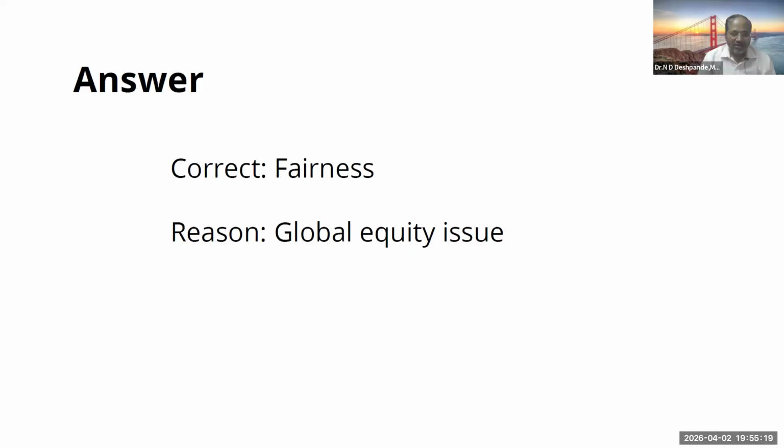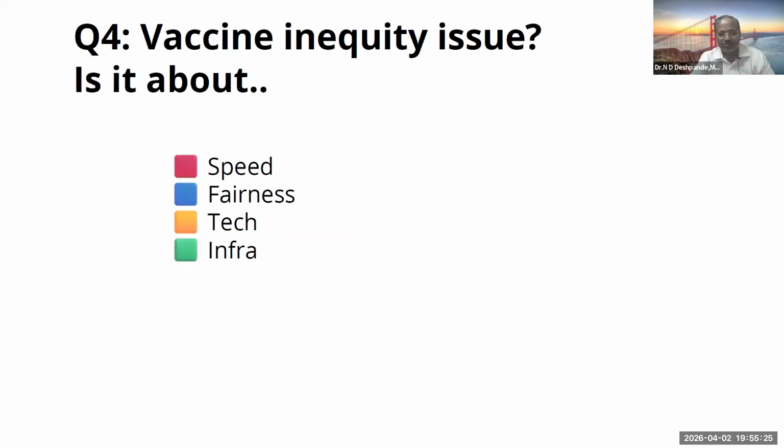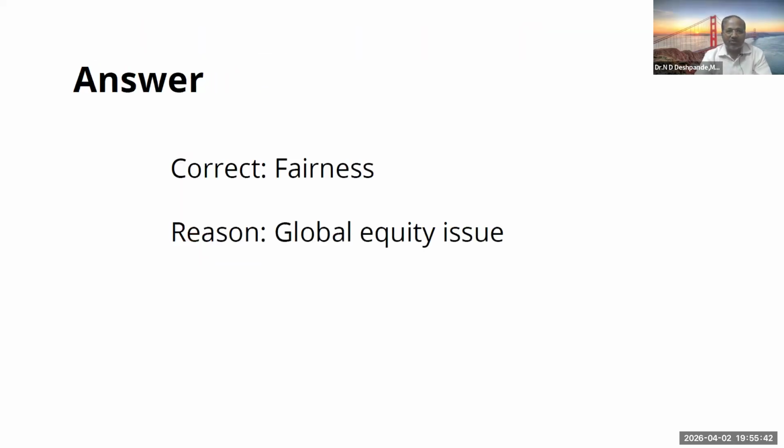Yes, it's a global equity issue. Everyone should get the vaccine. It's not that the vaccine has to reach only where there is speed, or only where technological development or infrastructure is there. Vaccines have to reach as an idea of fairness, that everybody should get the vaccine. So it's a global equity issue.